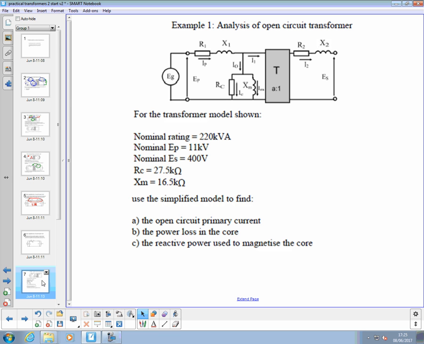That's off load, yeah? Yeah, we can certainly ignore them, because if nothing's connected this side, there's no current, so they're not going to do anything. And these two, because their values are small compared to these two, we can ignore them as well.